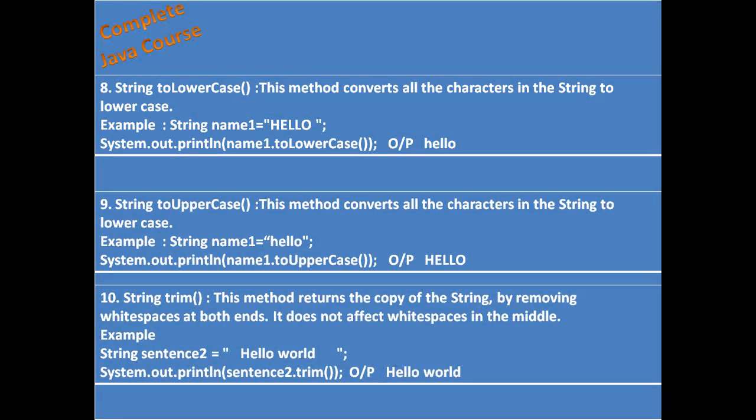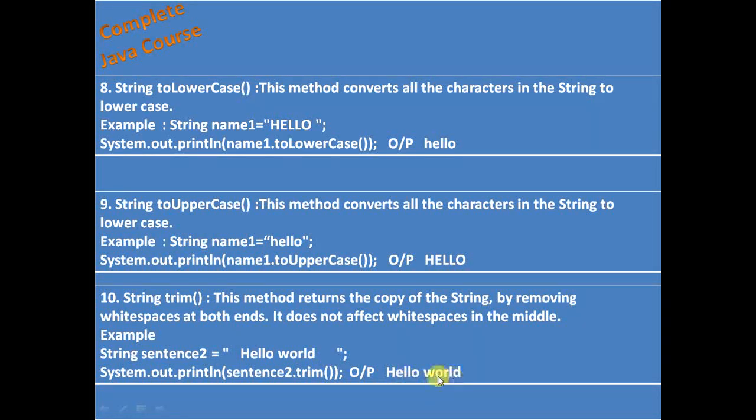Next method is trim method. This method returns a copy of the string after removing white space at both ends. It does not affect white space in the middle. Example, here we create a string object. There is a space at the start, the end and the middle. But the trim method removes the space from the start and the end.